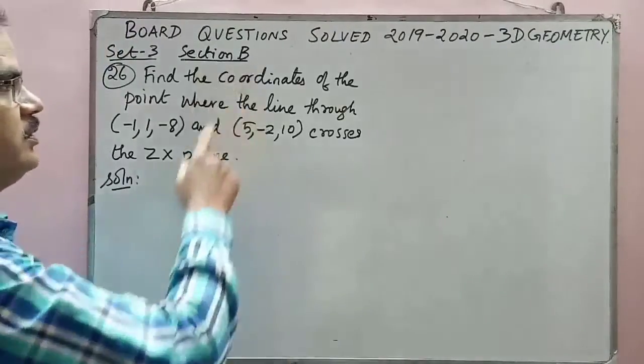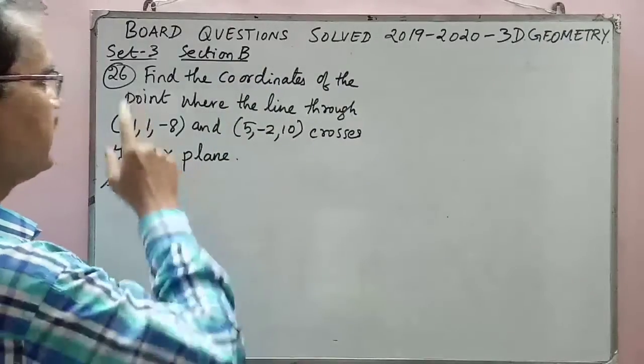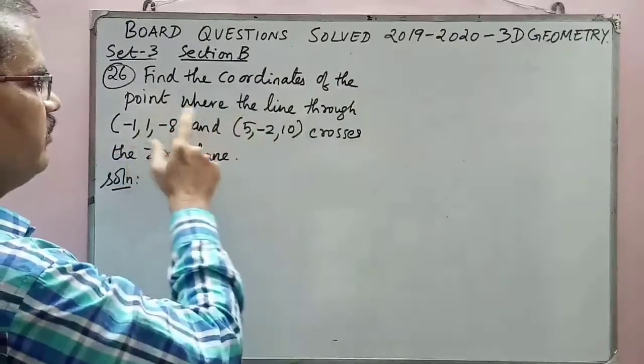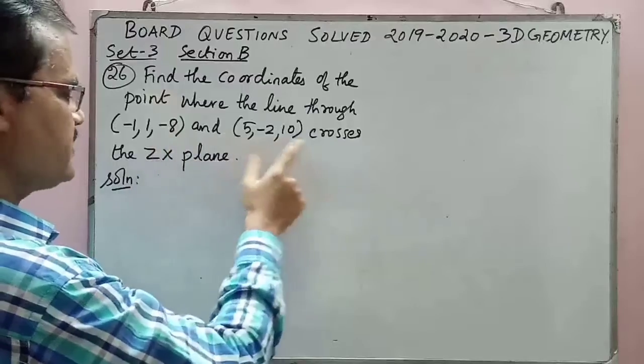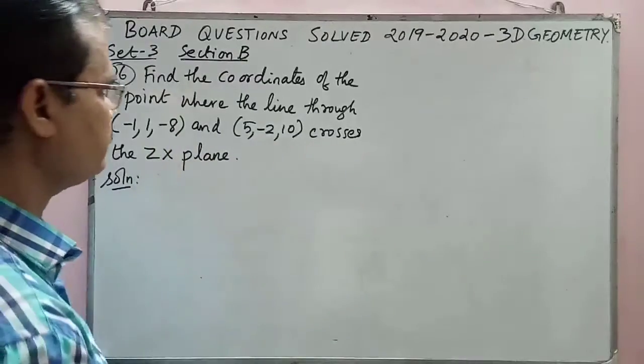This is section B, 2 marks question in set 3. Find the coordinates of the point where the line through 2 points crosses the ZX plane.